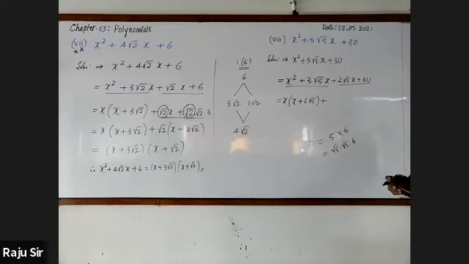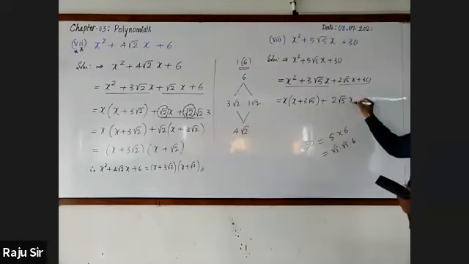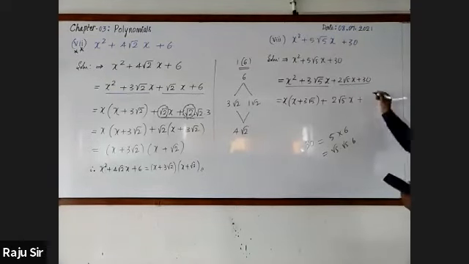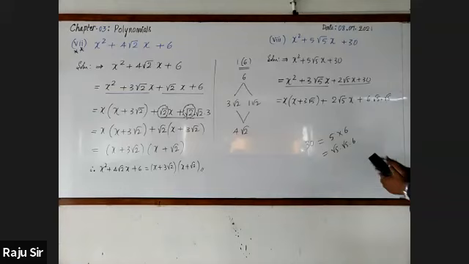Any doubts? No, sir. Right. 2 root 5 x plus 30 is written as 6 into root 5 into root 5.